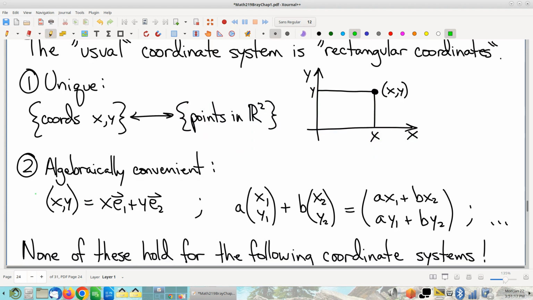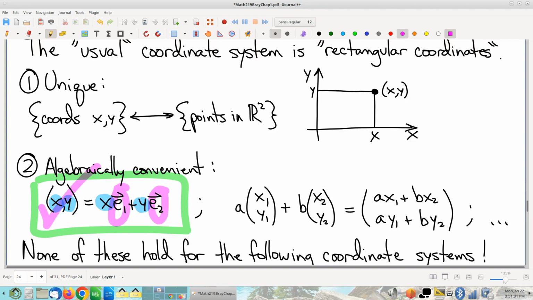Likewise, here's a really good one. The rectangular coordinates are also the coefficients in a linear combination of standard basis vectors that produces that point. Handy, right? Arguably a definition of coordinates in some sense.